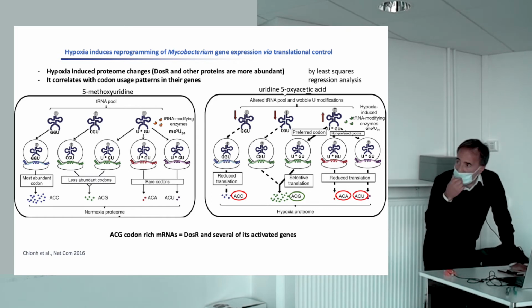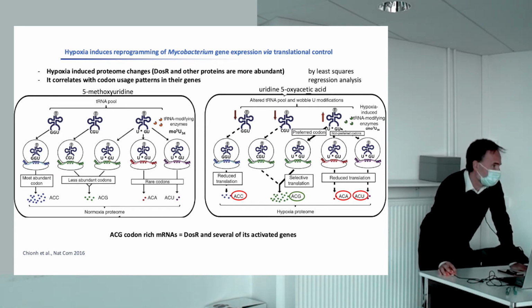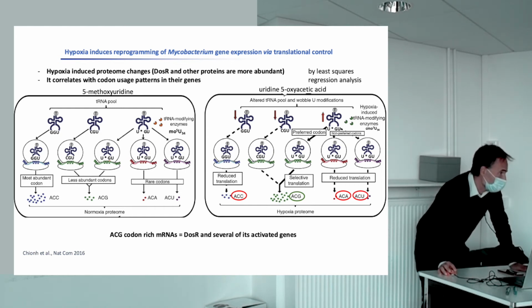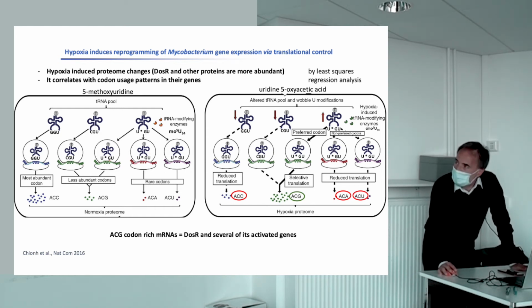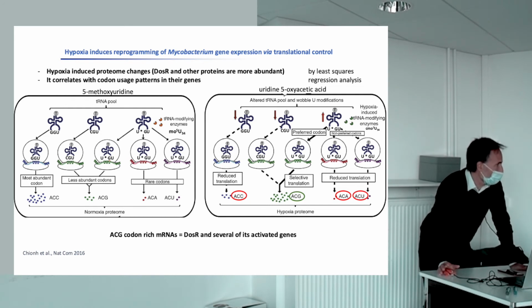So in normal condition, messenger RNA containing all these codons can be translated equally. But the majority of the messenger RNA contain the ACC codon. Nevertheless, the modified tRNA that can recognize 3 different codons, the ACG, ACA, ACU, are equally translated in normal condition.